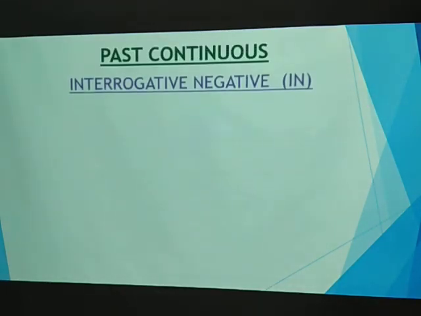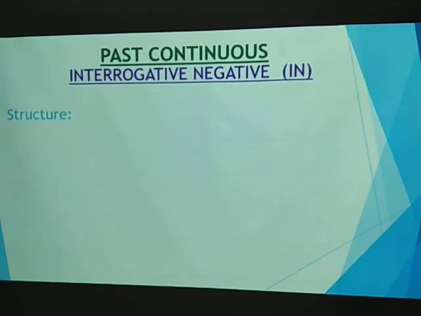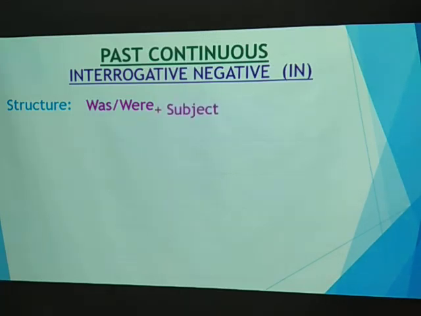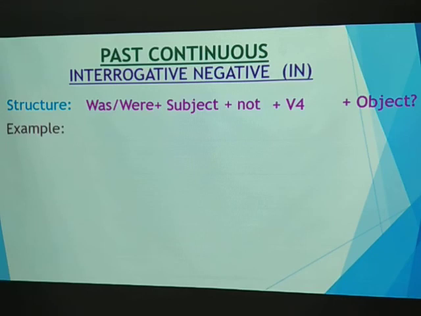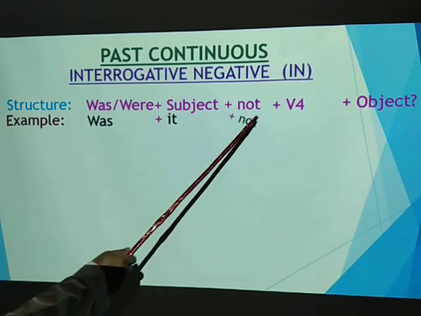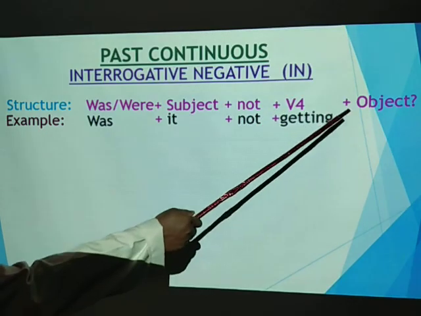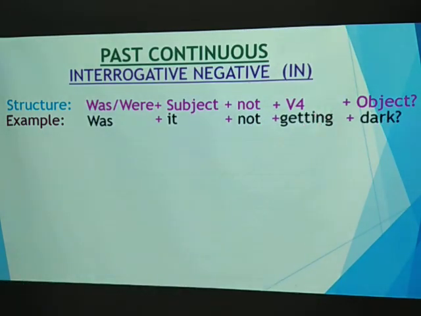Last one, interrogative negative. Once again I will repeat, these are some of the general structures. Was plus subject plus not plus V4 plus object. Example for the structure: was it not getting dark? Okay, was it not getting dark?